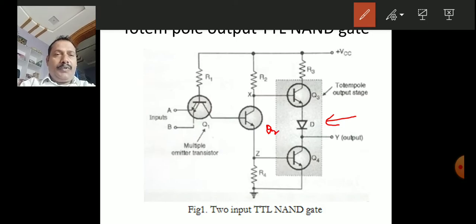The collector of Q2 is driving the base of Q3, and the emitter of Q2 is driving the base of Q4. These are very important observations. You have to remember these two bases, Q3 base and Q4 base, driven by the collector and emitter of Q2.